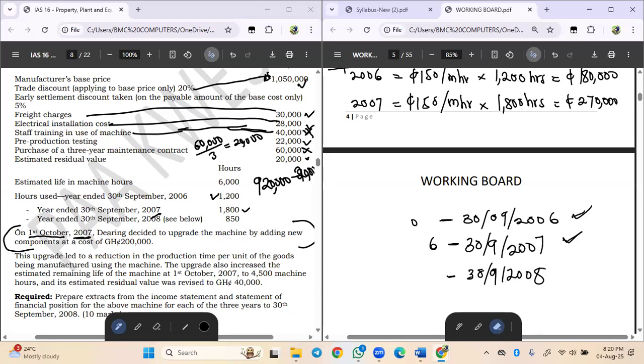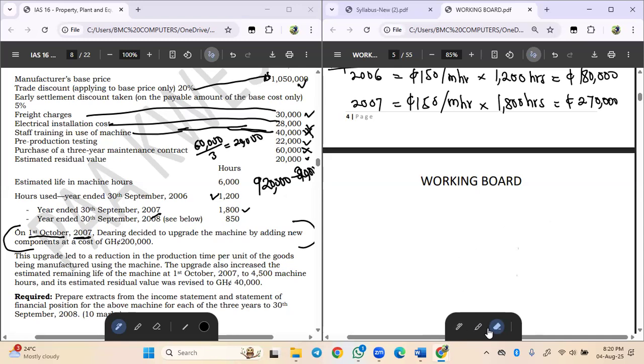So let's take note of these accounting periods. It's not all the time that you meet January to December. So as he's saying, we have to determine our carrying amount as at this 1st October 2007. And we know the carrying amount as at 30th September 2007 is the same as the carrying amount as at 1st October 2007.